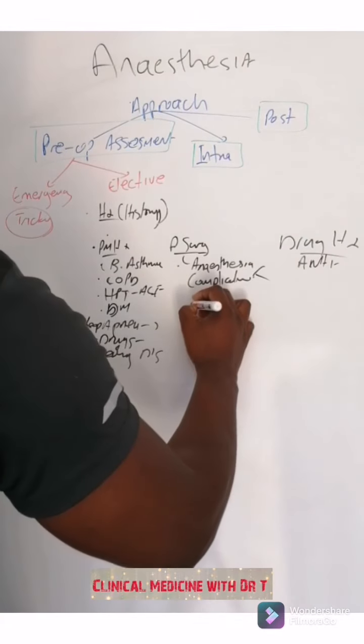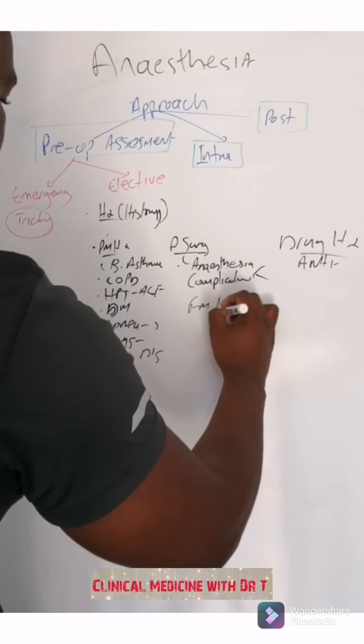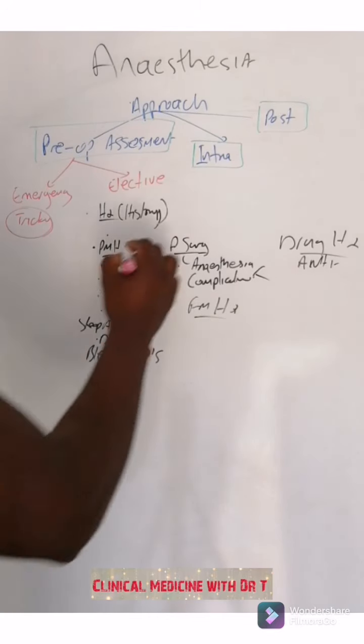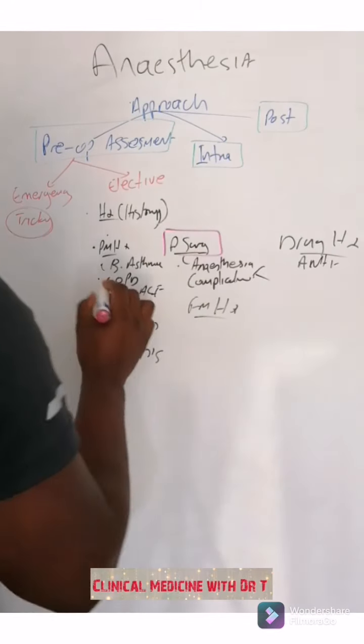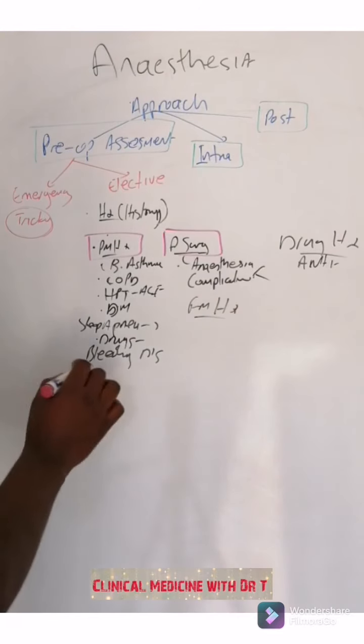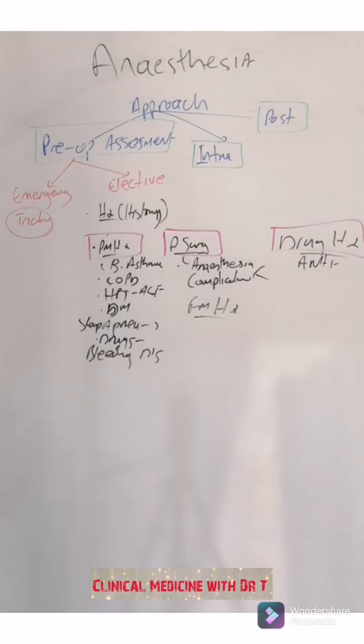And then let's get to family history. Past medical history. Drugs. So when they ask you to go and do a pre-op assessment, these are the things that they want you to talk to the patient about.